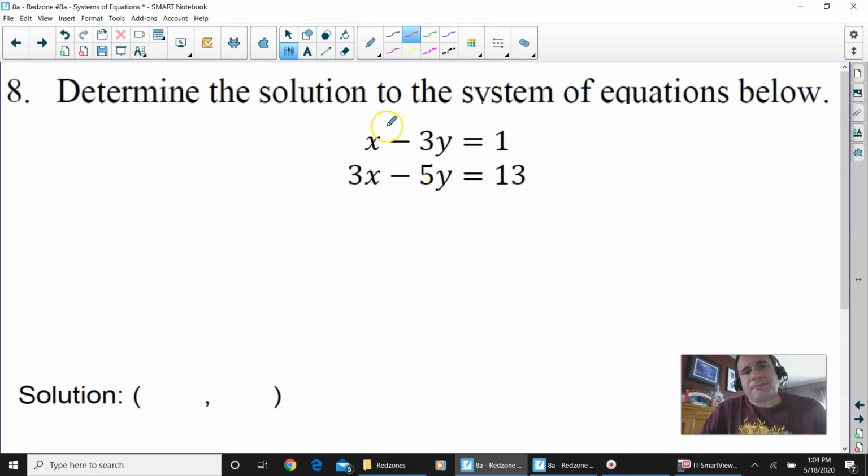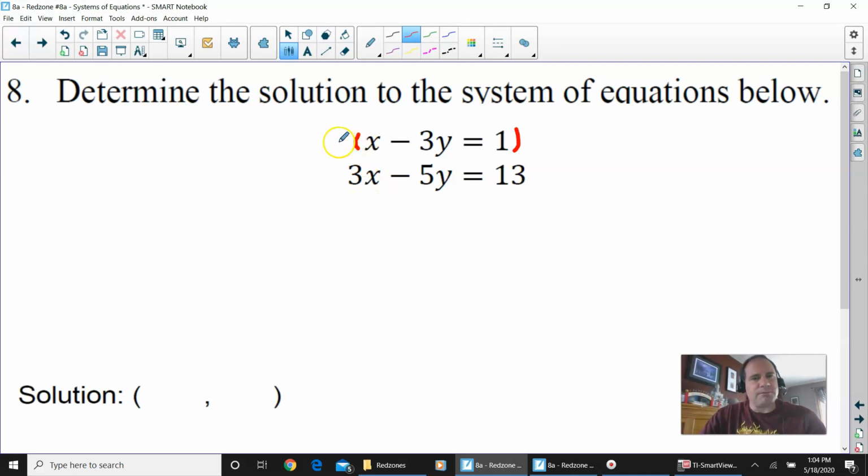So I would have to look to multiply something by either the top or bottom equation, and I'm going to look at the equation on the top, and I'm going to put parentheses around that equation, and I am going to look to either make this x opposite of this positive 3x, or this negative 3y opposite of the negative 5y. So I'm focusing on the x's.